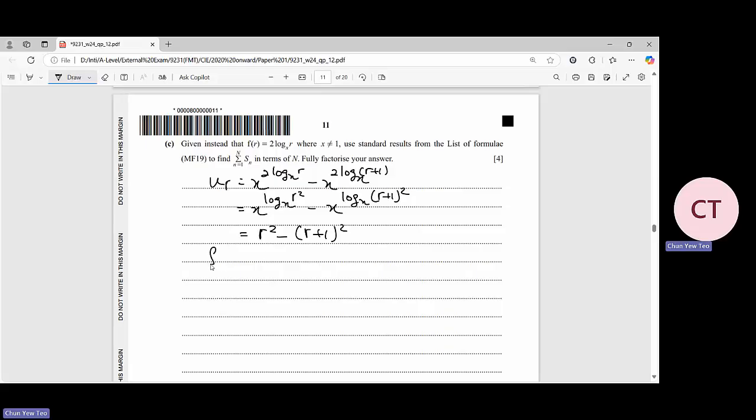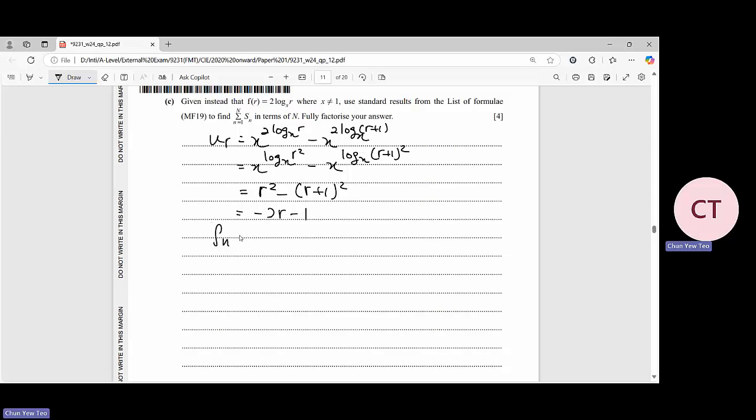Now for Sn, actually we do not need to do it like this, but we can still simplify further. We can make this become negative (2r minus 1). So Sn will be equal to the sum of negative (2r minus 1), which equals negative 2 times n(n+1)/2 plus n. Simplifying, you get negative n squared minus n plus n, which is negative n squared.